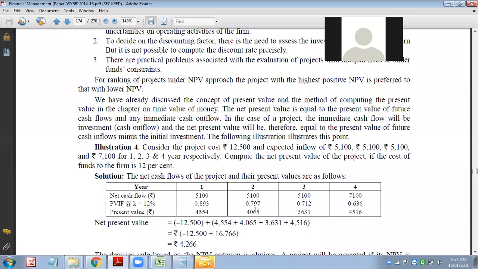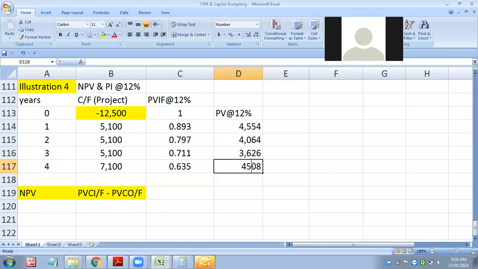Yes, sir, okay 4516, because actually the PVF is 0.636 for the fourth year. I took 0.636.